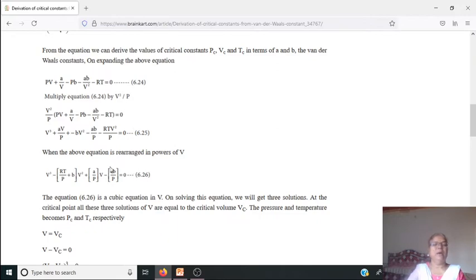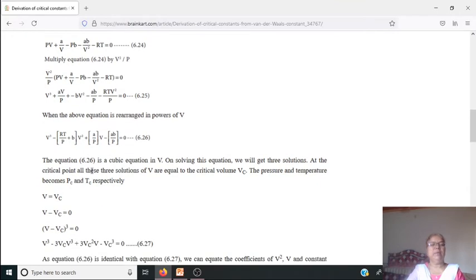Okay, this is the cubic equation, and this equation indicates that the volume has three values, and amongst these three values, one may be real and positive and the other two are imaginary.